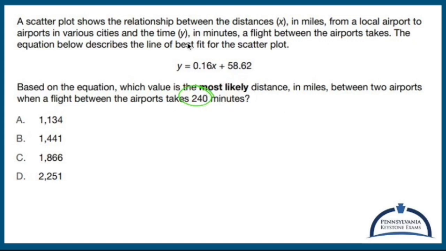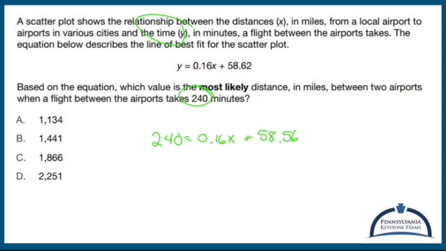Now, 240 minutes is y, so be very, very careful. It's tempting to plug 240 into x, but you're actually taking 240 and plugging it into y. So 240 equals 0.16x plus 58.62.